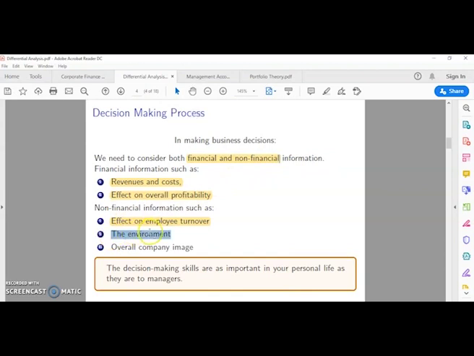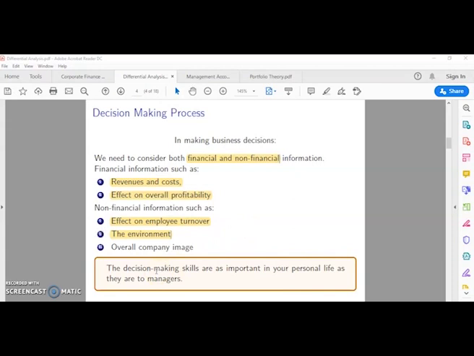The environment is also important because the work environment absolutely will affect the employees' performance and in general the total performance of the company. The overall company image is non-financial information which can affect every type of decision. So we need to consider both financial and non-financial information whenever it comes to making decisions.